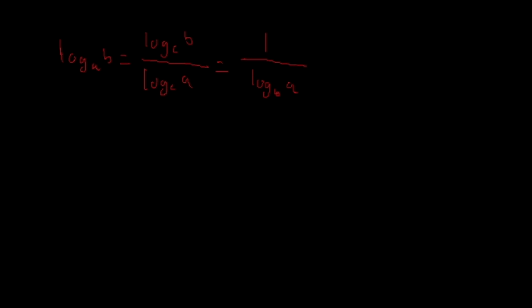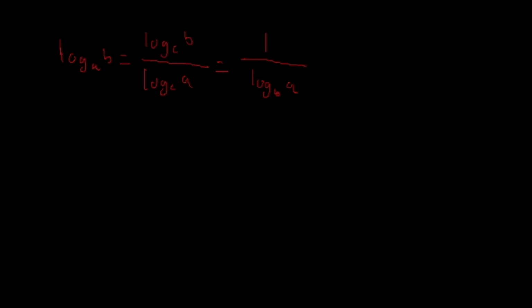Now I want to introduce you to one final rule of logarithms, and I don't believe this rule has a specific name. Base changing property of logarithms rule maybe. But basically what this does is it's a way for you to change the base of your logarithm if that base isn't something that works or fits well with the rest of the problem.